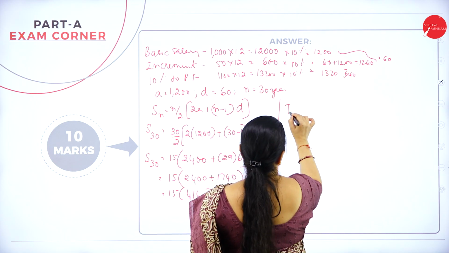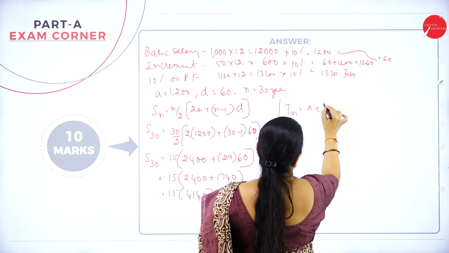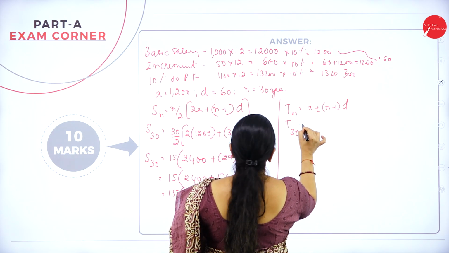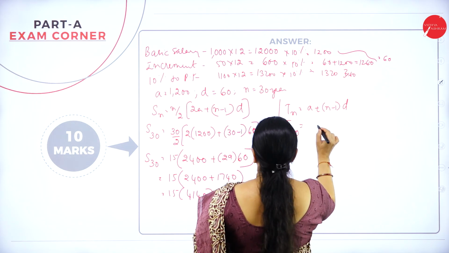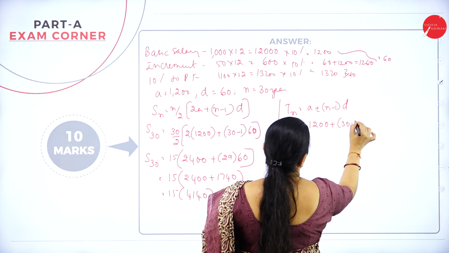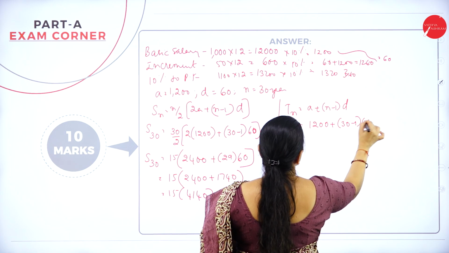So that will be Tn equals A plus n minus 1 into D. So T30 will be equal to 1200 plus 30 minus 1 into 60.